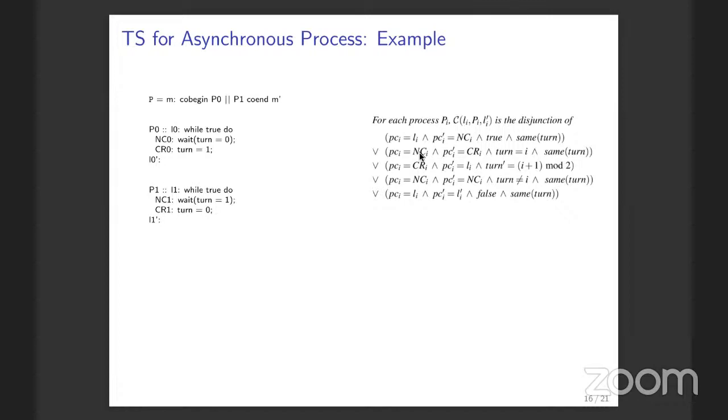If you're in the non-critical section, there are two possibilities: either turn is equal to i or turn is not equal to i, and that is captured by the second and the fourth disjunct. If you are at NCi and turn is equal to i, then you will advance. If you are at NCi but turn is not equal to i, then you will stay there. If you're in the critical location CRi, then you will just modify turn to i plus 1 mod 2, and then you advance.